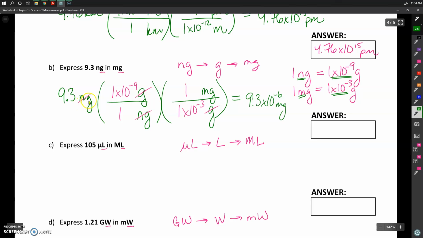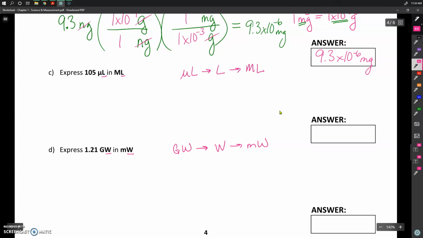And that makes sense because if I have nanograms that I'm starting with and I'm trying to express this in terms of milligrams, I'm going to have less than 1 milligram, because a milligram is larger than a nanogram. So even though I have 9.3 nanograms, I still have less than a milligram when I express this number in milligrams. So my final value here should be 9.3 times 10 to the negative 6 milligrams.